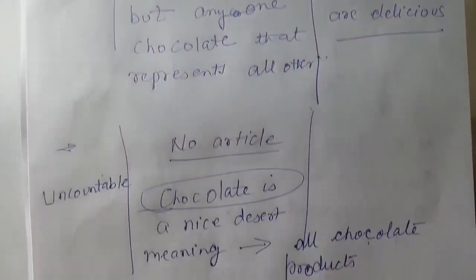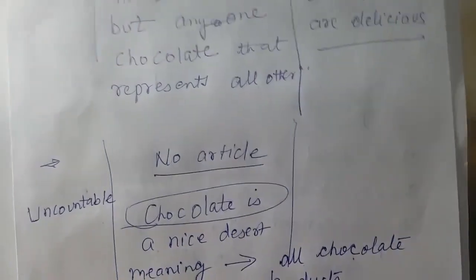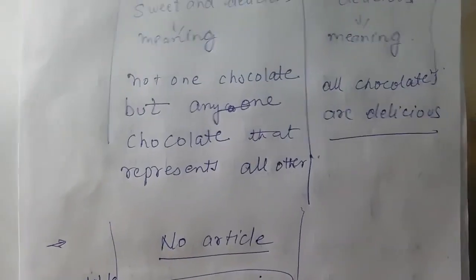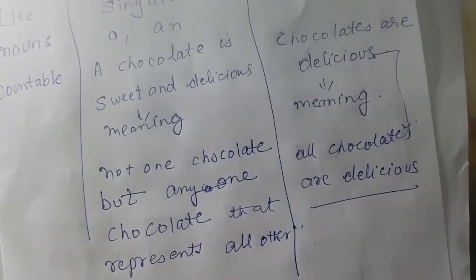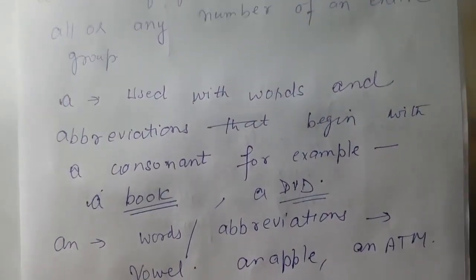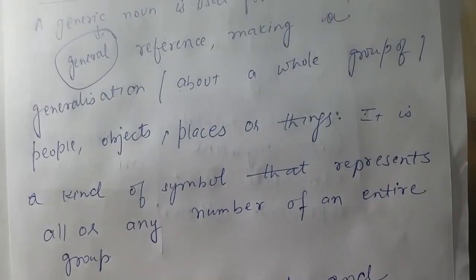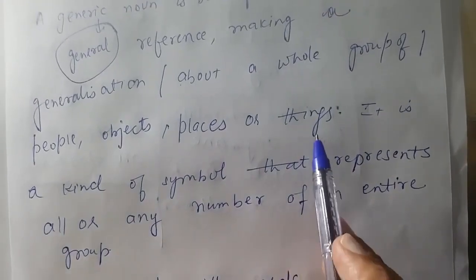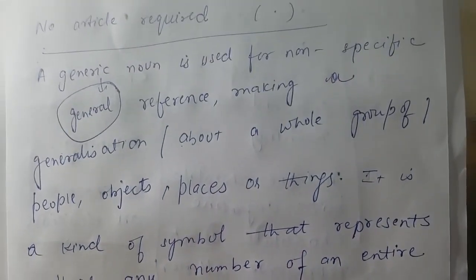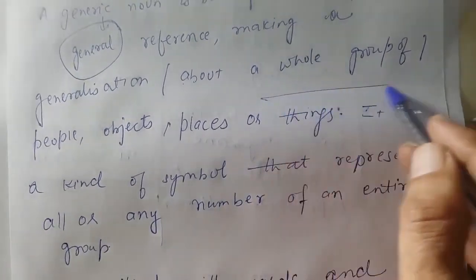Again, I am showing you the definition of generic noun. Please check, because this will help you in your no and not given also. Just check the line, check the word here, right? What's the definition of generic group? It is representing the whole group of people.